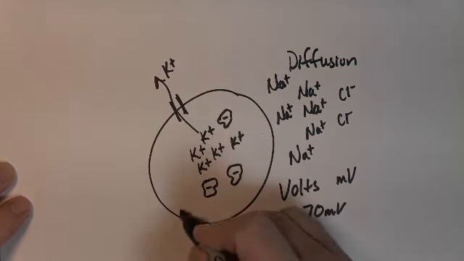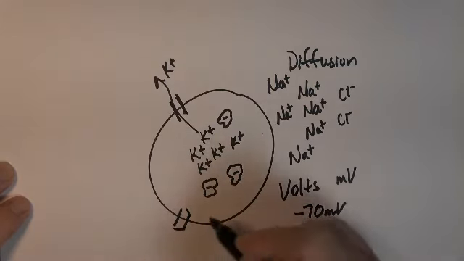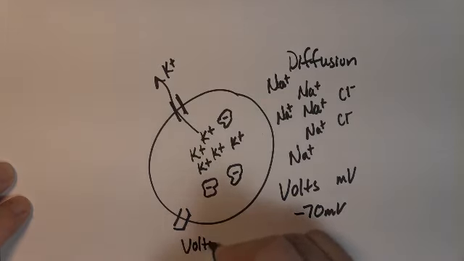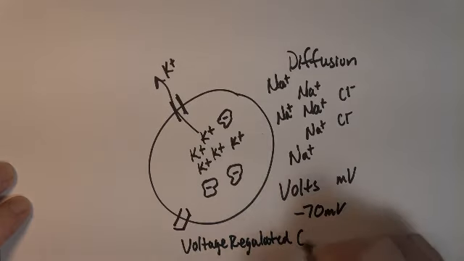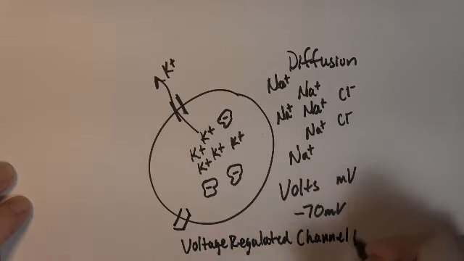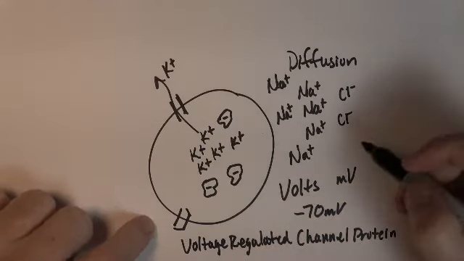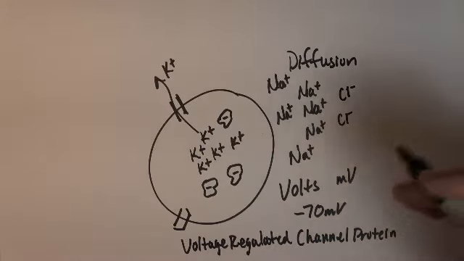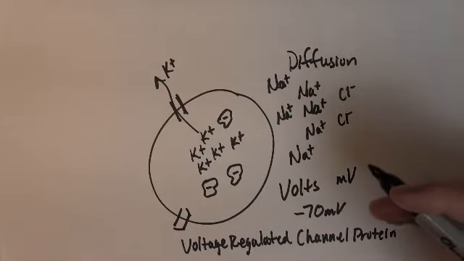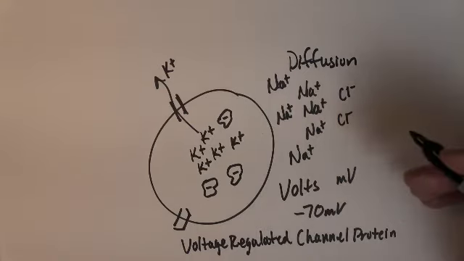And I'm going to draw one down here, and I'm just going to draw that with a little cap on the top of it. And these are voltage regulated channel proteins. What these do is when a certain voltage, a certain difference is met at the membrane, they open.